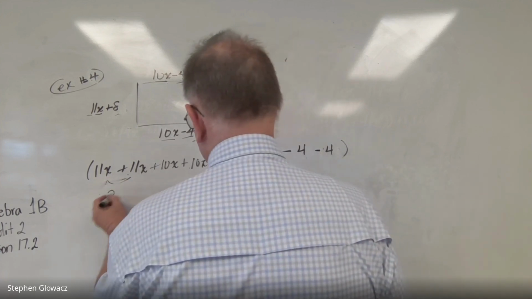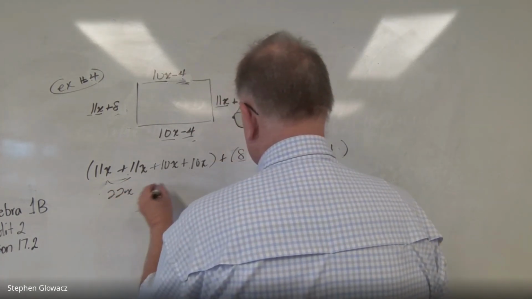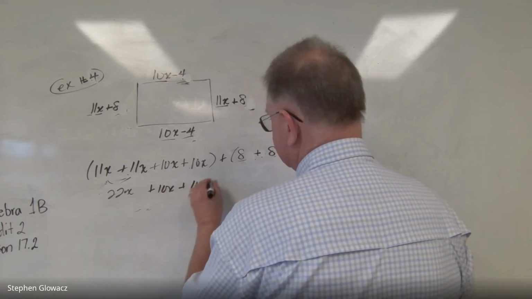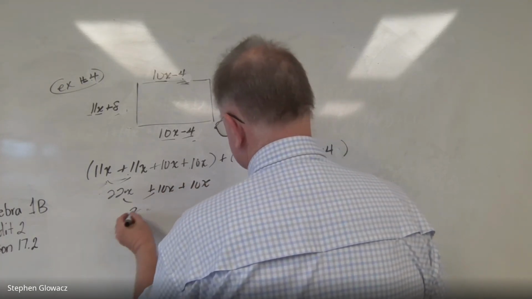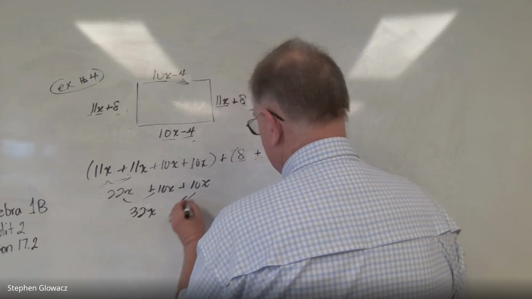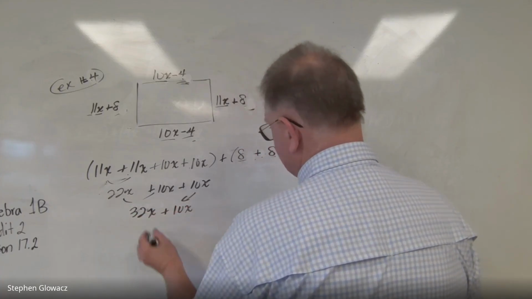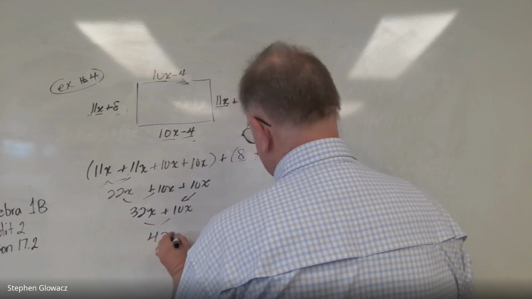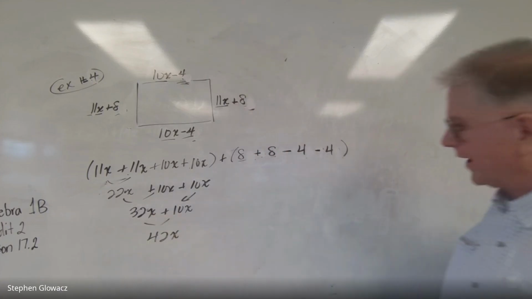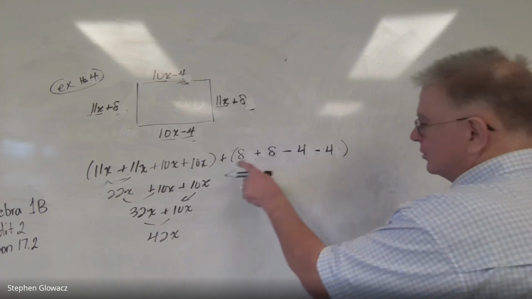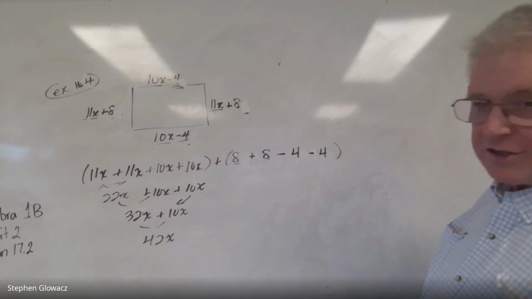11 plus 11 is 22x. And then bringing down the 10x's, 22 plus 10 is 32x. And then bringing down our final 10x, 32x plus 10x, as we already know, is 42x. So these are constant terms now, but still doesn't change really much what we do.